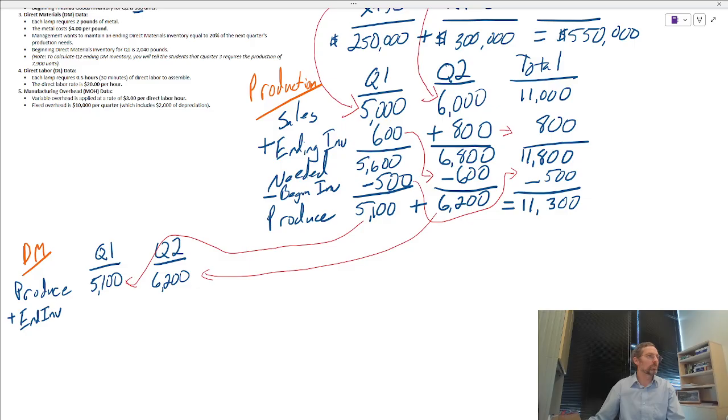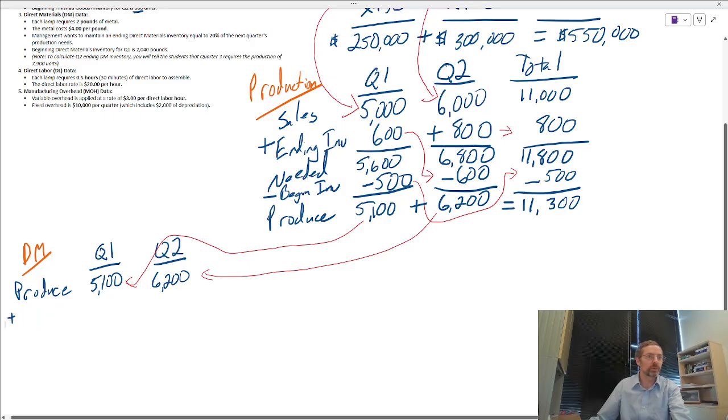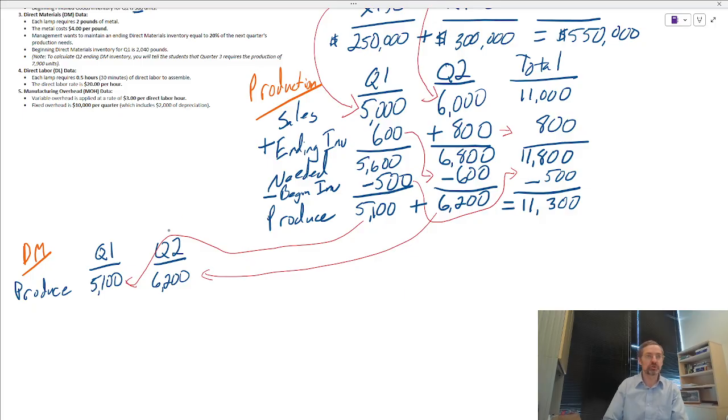Now, so we need, sorry, I think I skipped ahead, because we need to translate this into pounds of metal that we need. So each lamp requires 2 pounds of metal.